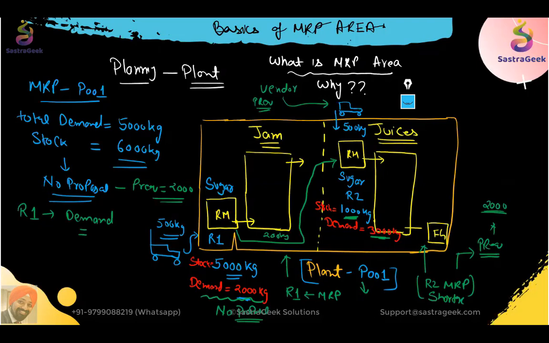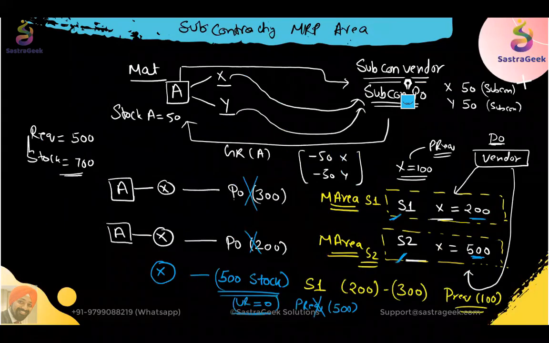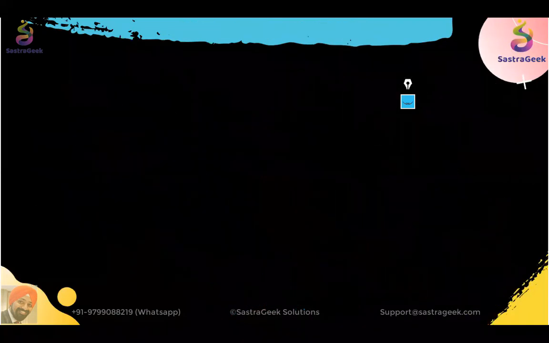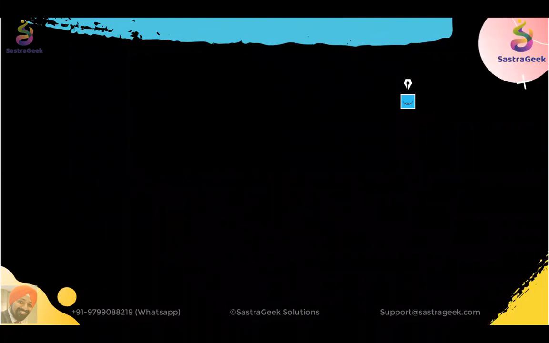We discussed that the MRP area can be required at the storage location level. This was the example for storage location, and this was the example for the subcontracting MRP area. So that was our yesterday discussion, where we tried to understand the basics of MRP and MRP area.